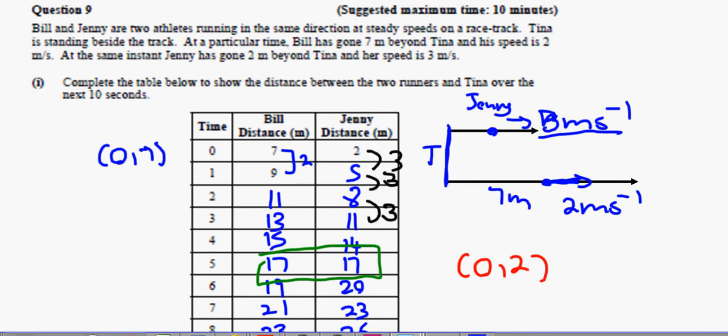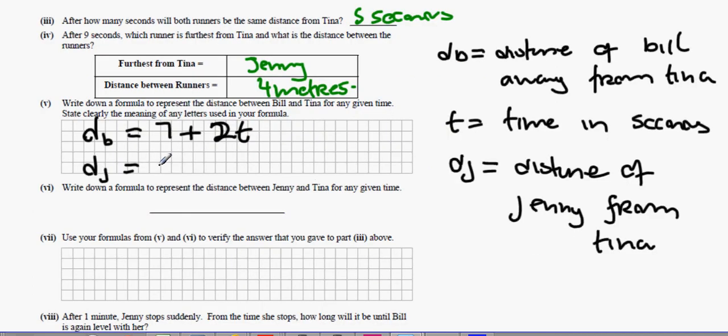So that means it's going to be 2 plus 3t. Write down a formula to represent the distance between Jenny and Tina for any given time. So this is for Bill, and this answer here is for Jenny. Bill goes here, Jenny goes here.